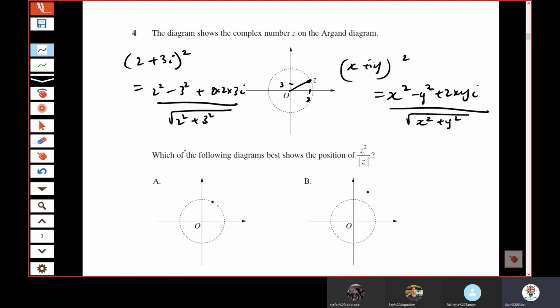Is that cool? So that means you would have ended up with 4 take away 9, so negative 5, plus 2 times 4 times 3, 12, 12i over a positive number. It doesn't really matter, like let's just say square root of 13, 9 plus 4, 13.